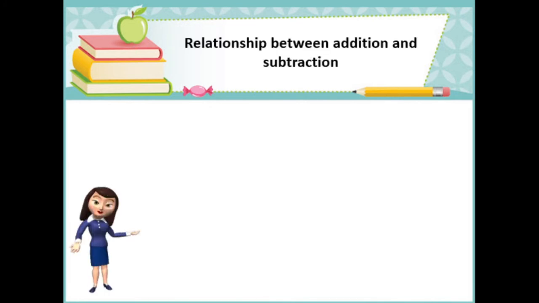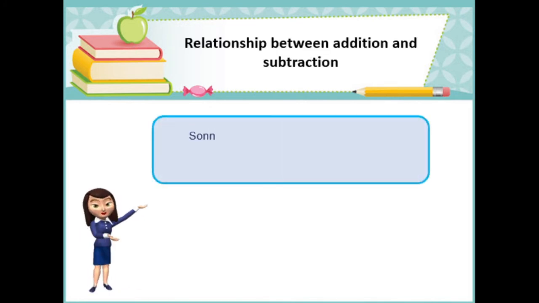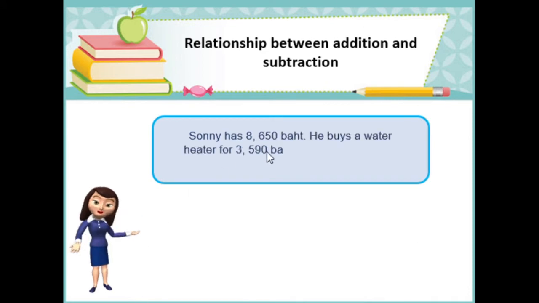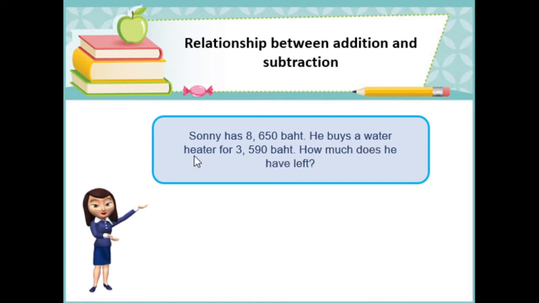Let's go to example 2. Sunny has 8,650 baht. He buys a water heater for 3,590 baht. How much does he have left? Alright, so again, look for the important data or your clues.